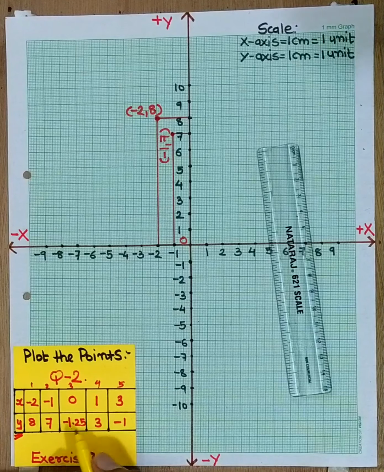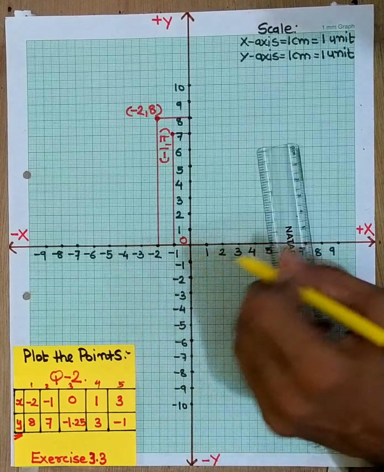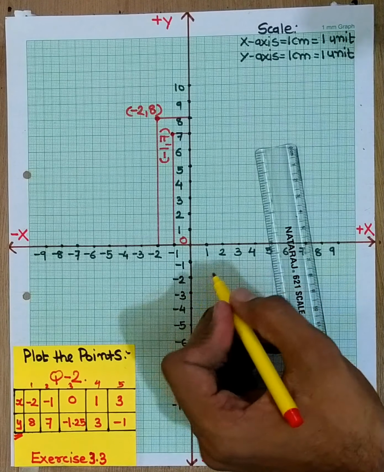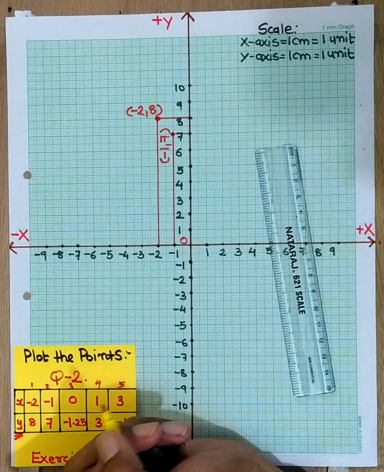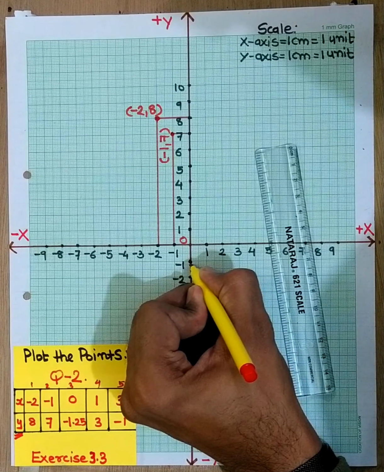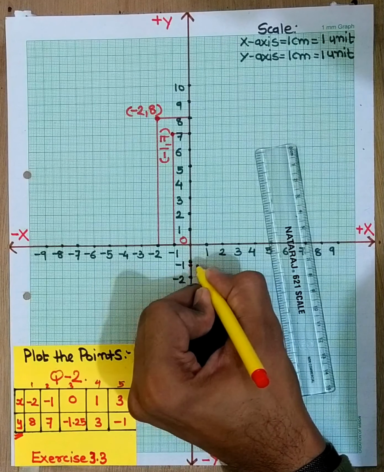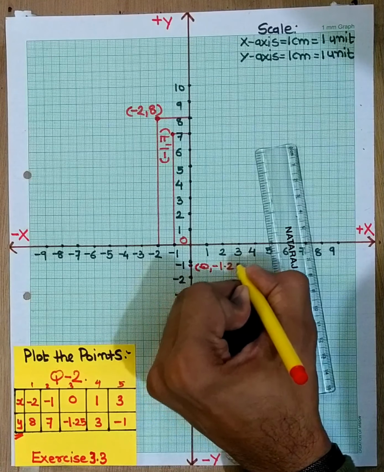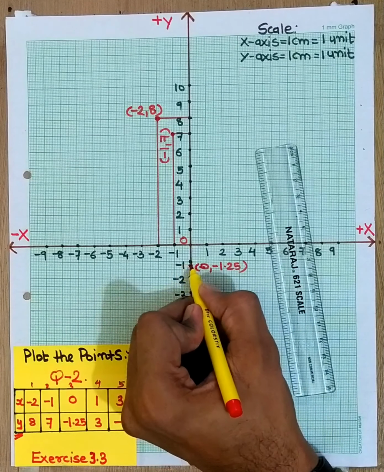So what we will do, we will start from -1 and then each box will be 0.1, 0.2, 0.3 likewise. So we will have to see the second box after -1. So slightly below here there will be the point. So we are plotting this point and we will write 0, -1.25. So -1.25 lies a little bit below -1.